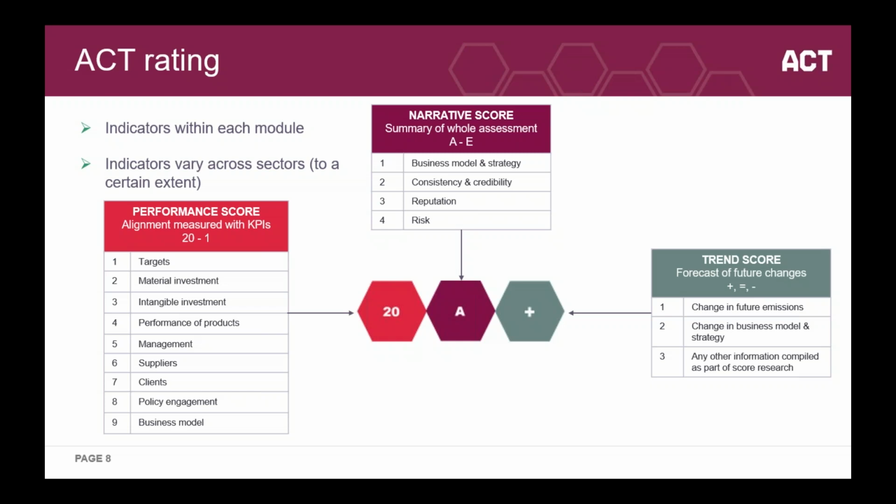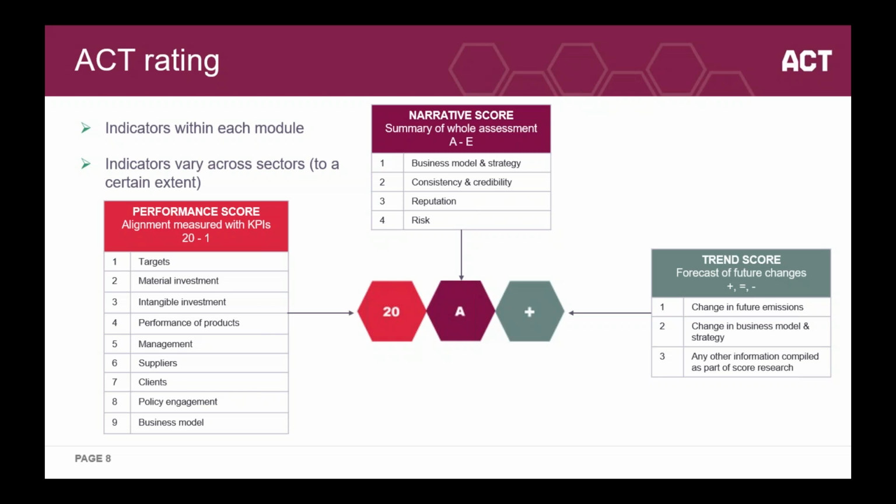And they apply a few different filters to that to ask the question of what the narrative score should be. Business model and strategy is one, consistency and credibility is another, reputation, and finally risk. And based on the performance in these areas, a narrative score is produced. That runs from A to E, so the lowest narrative score is an E.